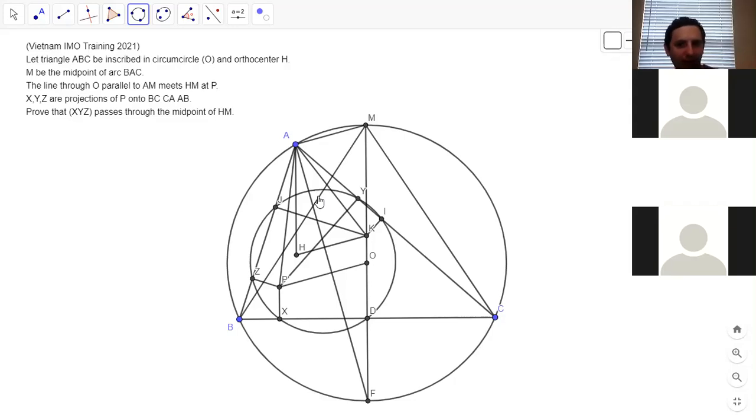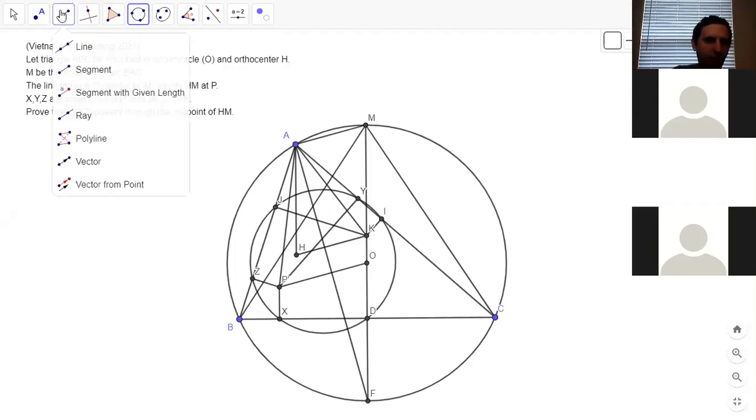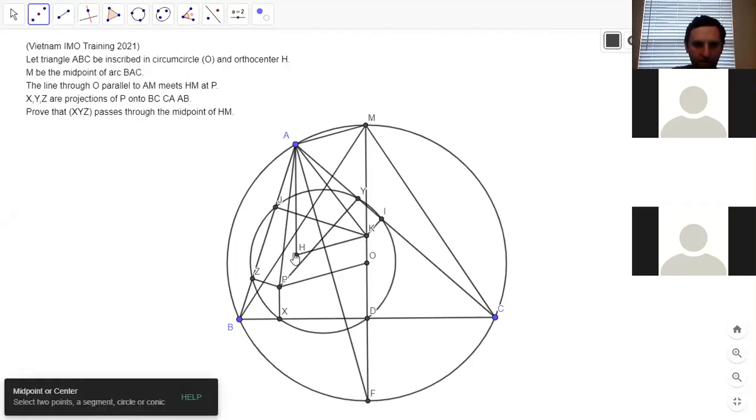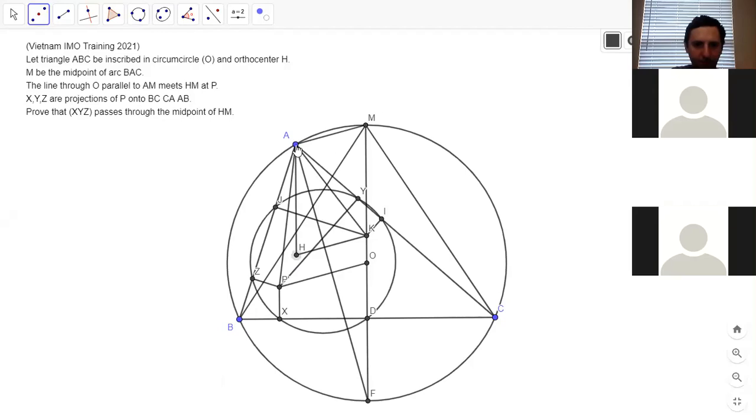This circle looks like a generalization of the 9-point circle. Let's see, does the midpoint of AH lie on the circle? No. Because that would lie on the 9-point circle.